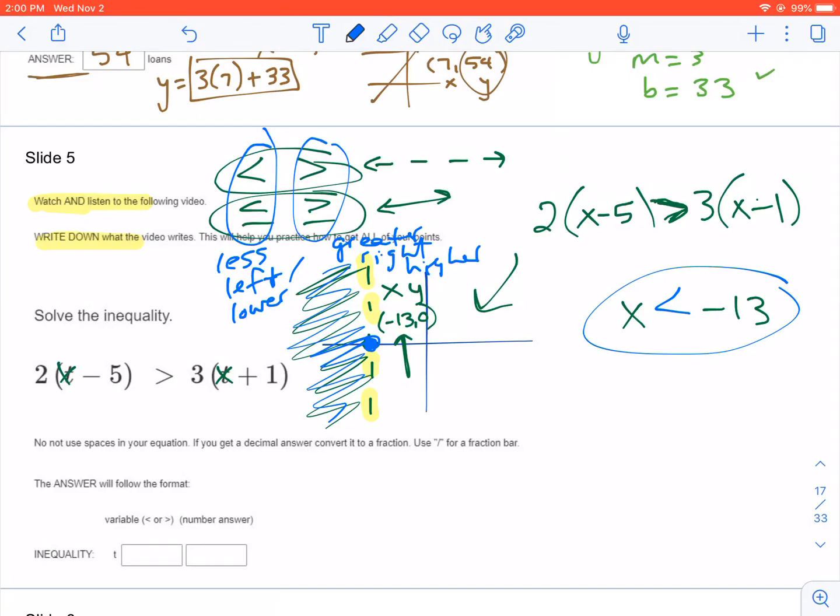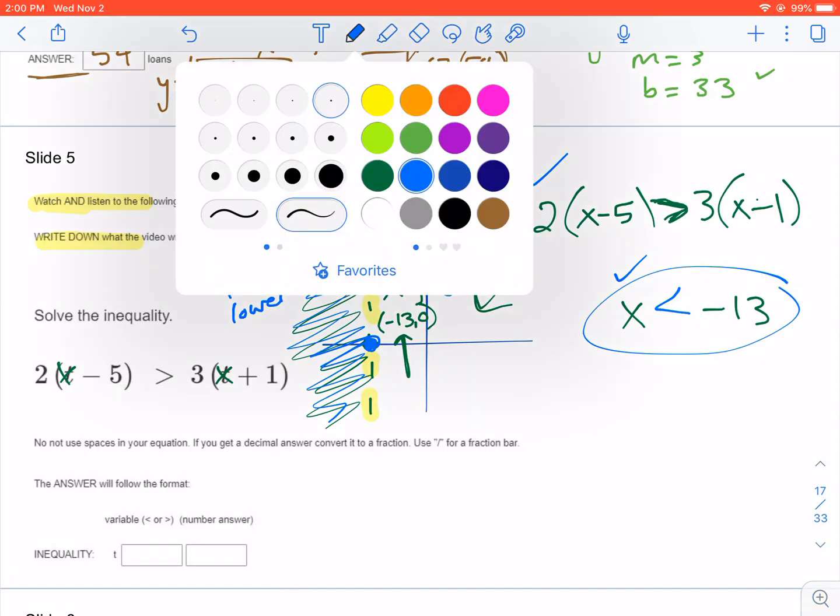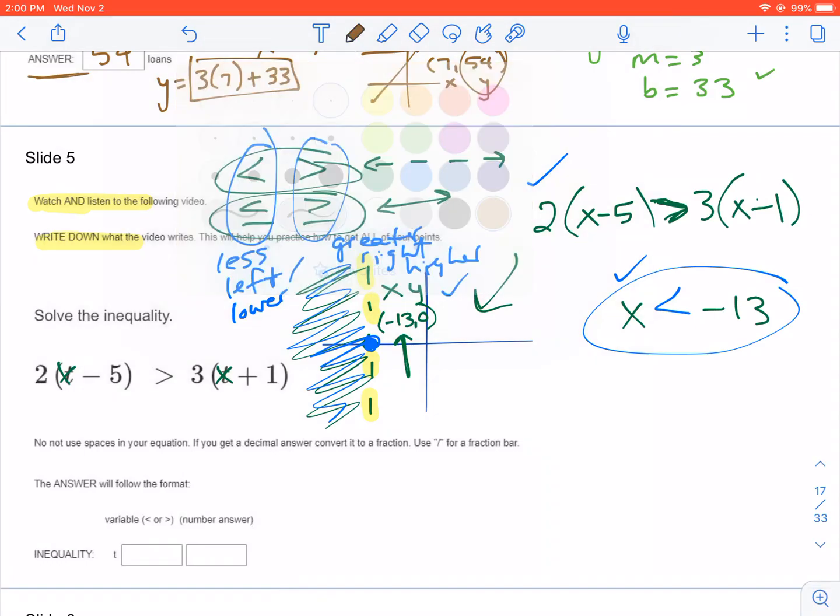So to get some points, you show this and you have the answer. That's not going to be full points. If you want full points, you can go back in and plug in a number, any number that is less than negative 13. You can keep traveling that way and pick a number like negative 15.